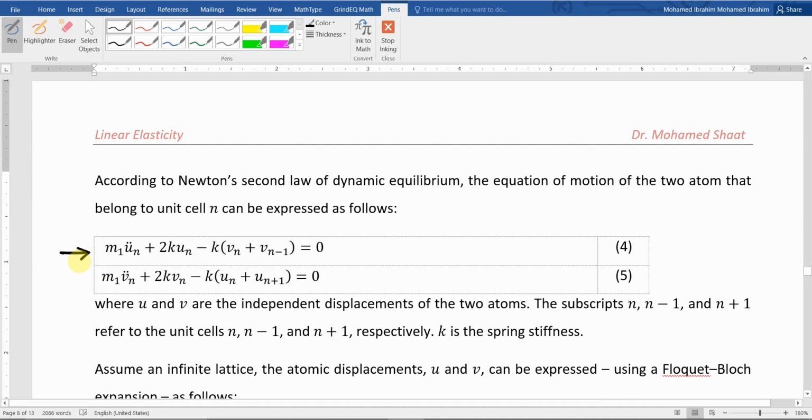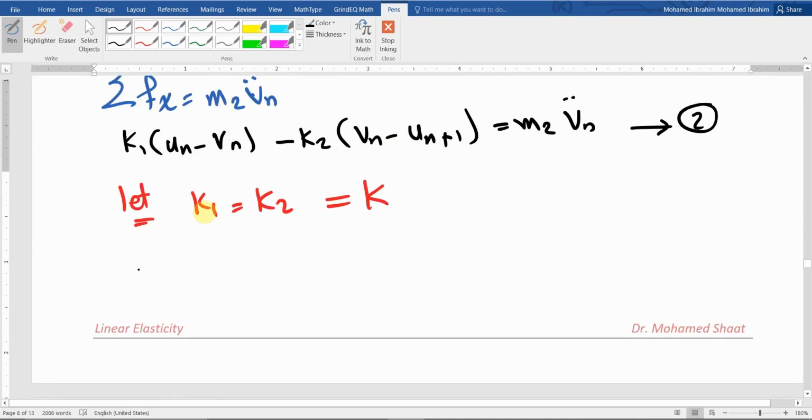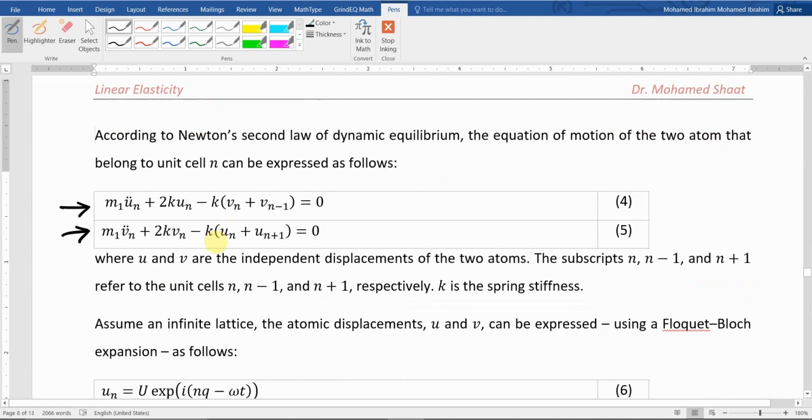This is the first equation, this is the second equation, under the condition that we are using two identical springs, and this is the classical form of the diatomic lattice model, where U and V are the independent displacements of the two atoms. Since they are independent, they are two independent degrees of freedom. It means that to fully describe the dynamics of this unit cell, it should be described by two equations, as we derived here. Make sense? And these subscripts n, n negative 1, n plus 1 refer to the unit cell n, n negative 1, or n plus 1.